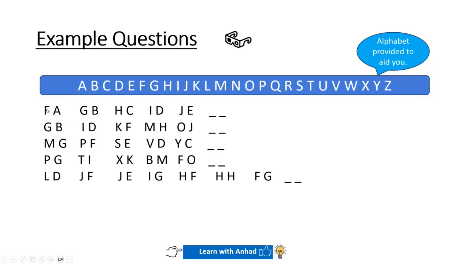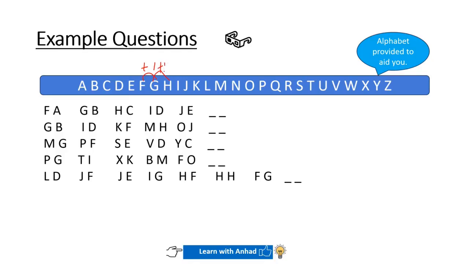Okay. So from F to G, we're trying to figure out the difference. And just to tell you, the alphabet will always be provided in the tests, so you don't need to write it down and take loads of time. So F to G is +1, as you can see. Then G to H is also +1.